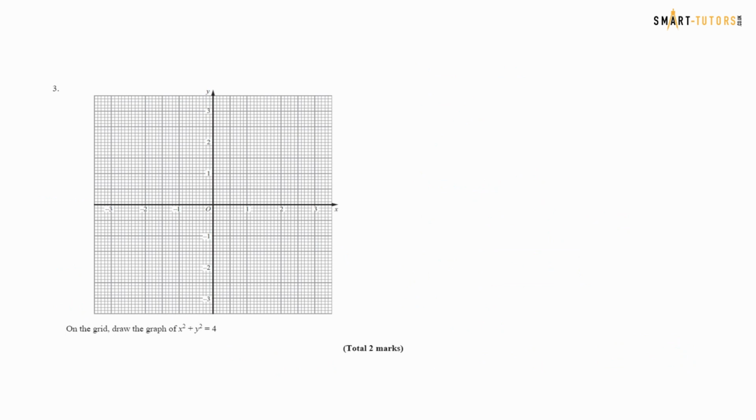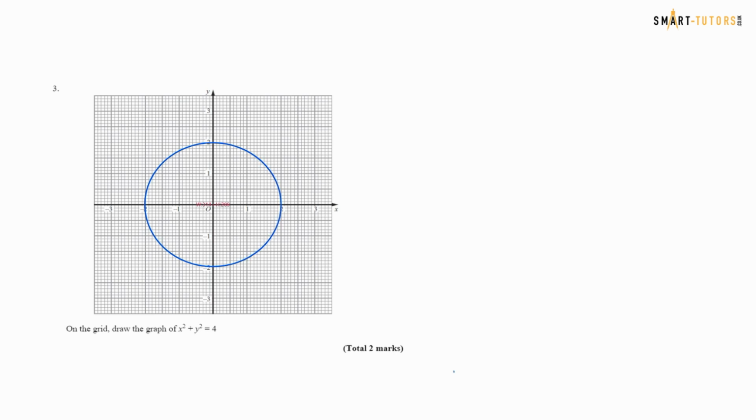Question number 3. On the grid, draw the graph x squared plus y squared equal 4. From this we can find the center is 0, 0 and the radius is 2. So all you want to do is just draw the graph. The radius is 2 and the center is 0, 0.